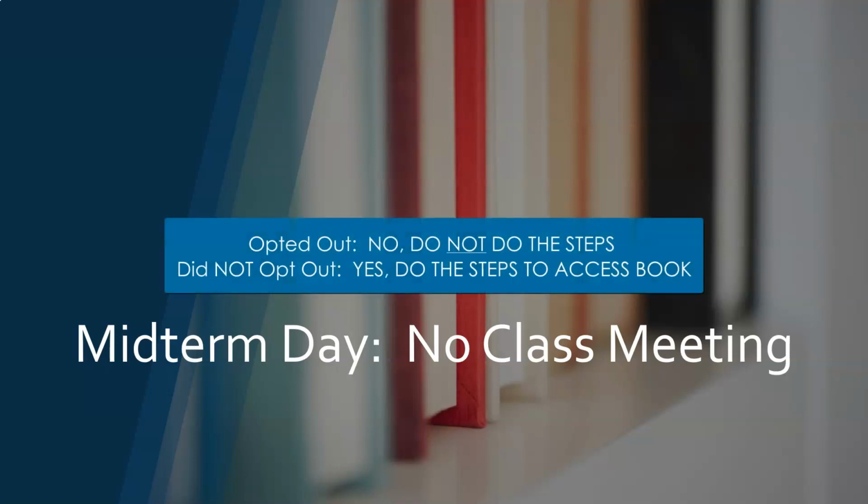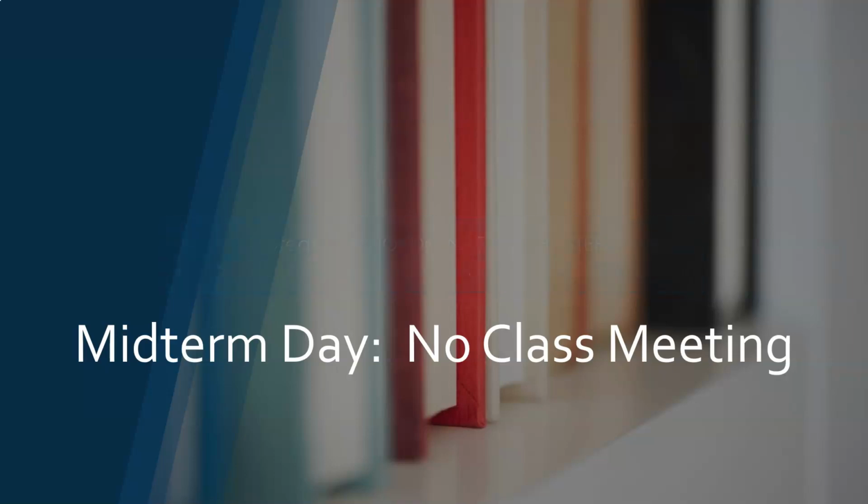But if you did not opt out of the ebooks, then you will be able to go ahead at this stage. From what they said, they've gone back in and fixed the issue. So I would say maybe today or tomorrow you should be able to access the textbooks. If you still have problems, please let me know if you're still having problems accessing your textbooks after you've completed the steps based on that video that shows what you need to do with Brightwave and emails from Follett and all that stuff.